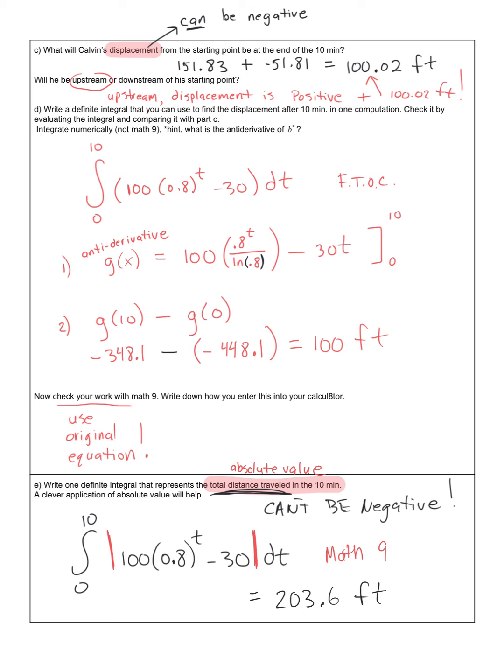If you remember on the front side of this note sheet, when we did the first interval, from 0 to 5.4, our answer was 151.83, and then when we did from 5.4 to 10, we got negative 51.81, but we had to take the absolute value of that. When I add those 2 things together, I got the same answer.